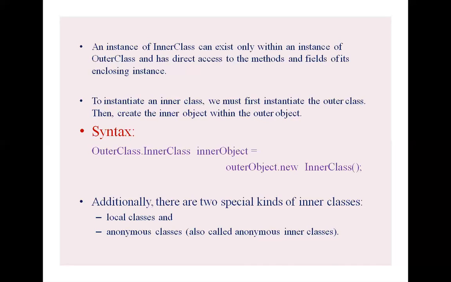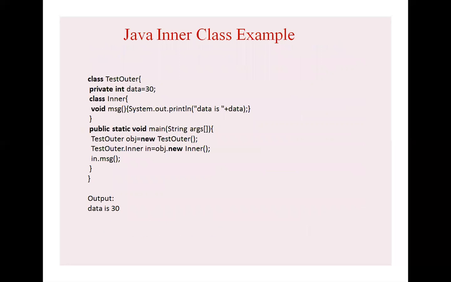So the syntax of this inner class is OuterClass.InnerClass innerObject = outerObject.new InnerClass(). Additionally, there are two special kinds of inner classes: local classes and anonymous classes, also called anonymous inner classes.